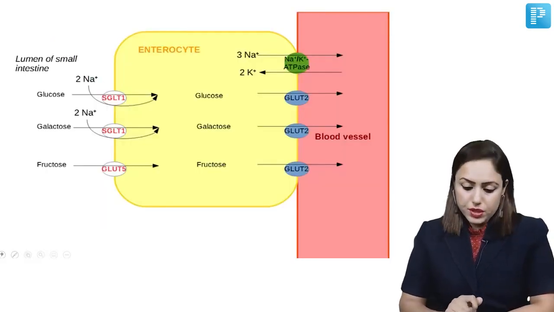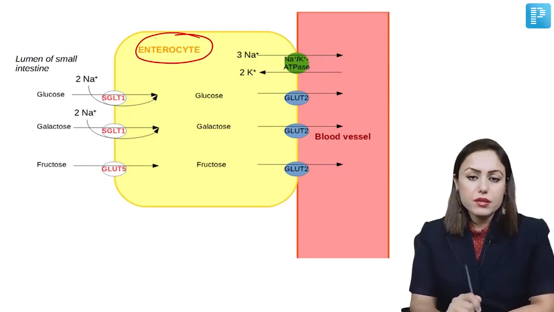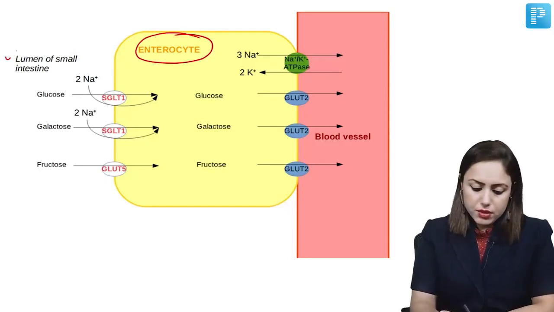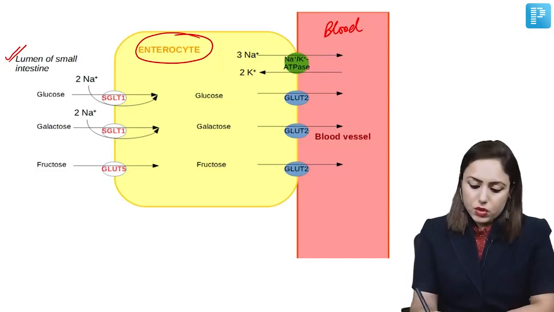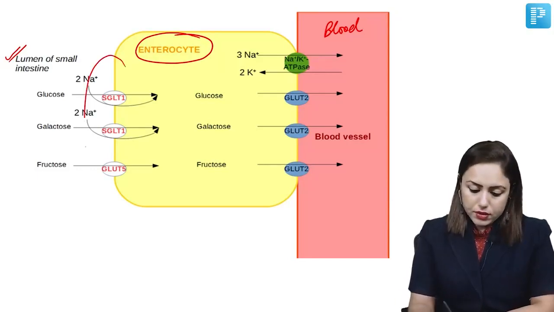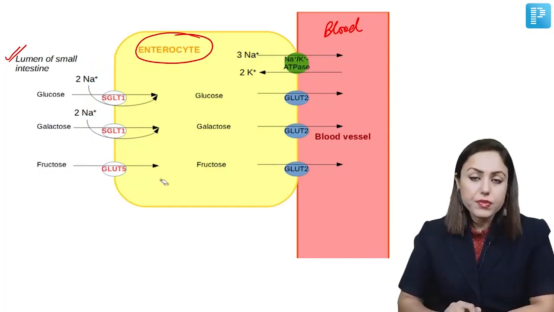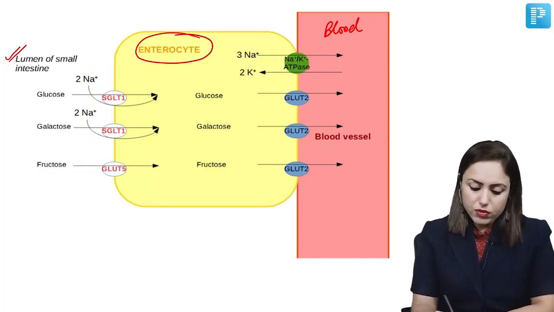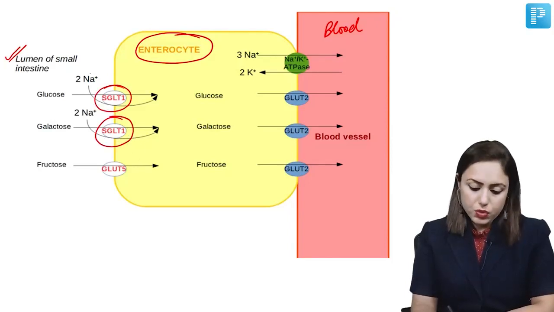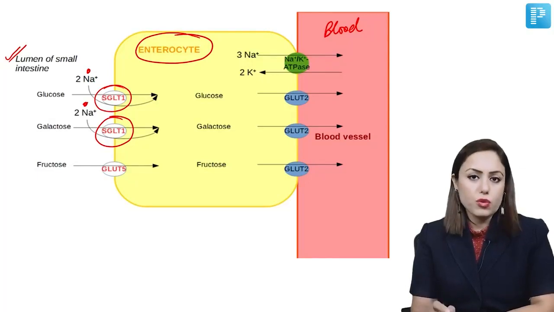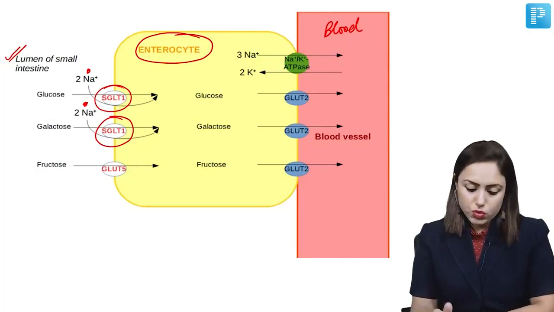Then also watch this image. This is enterocyte, again the intestinal cell. This is lumen side and this is blood, okay? So here at the lumen side of the cell, luminal side of the cell, there is SGLT1. Why SGLT1, which is sodium dependent transporter, so it is transporting sodium also, okay, or it is using sodium also.